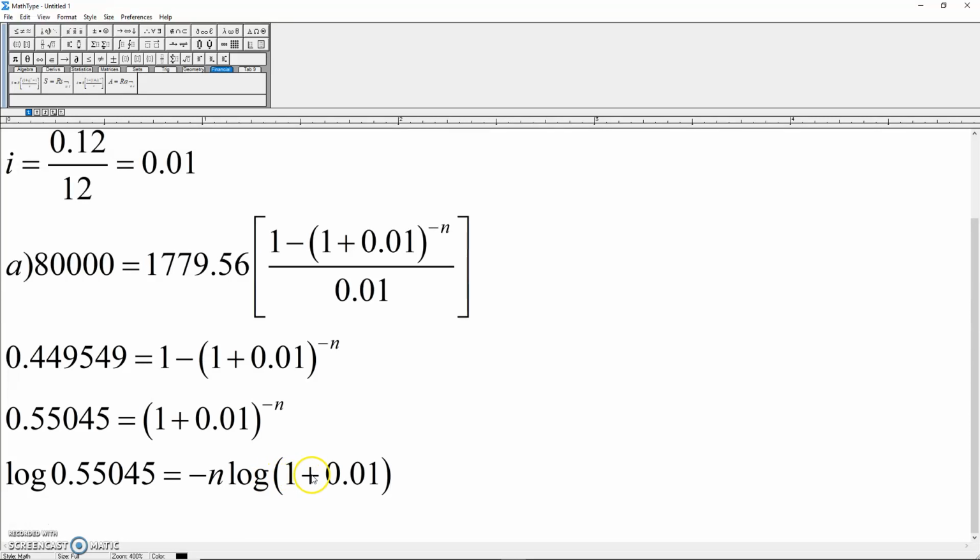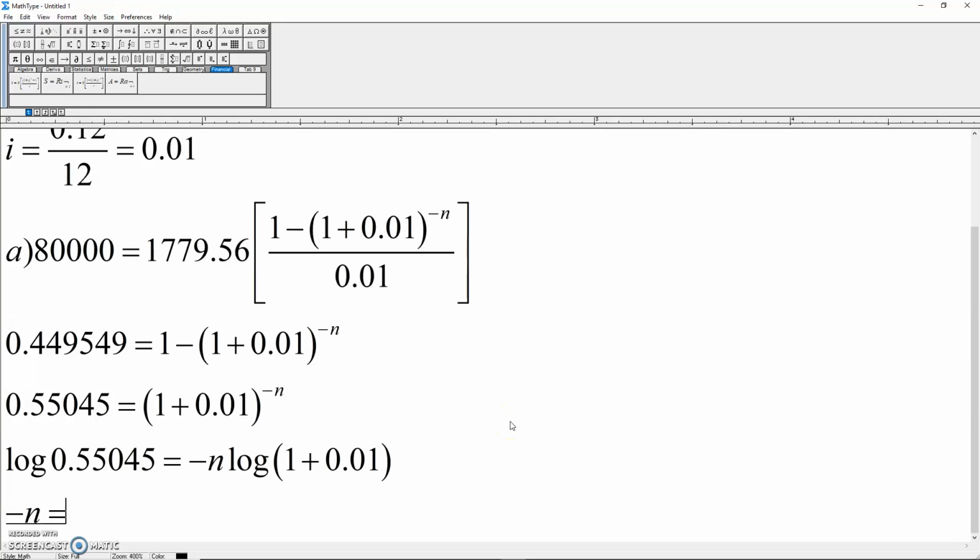It becomes log 1.01. So log 1.01 moves to the left side, log 0.55045 over log 1.01. So basically you will get negative n equal to that.